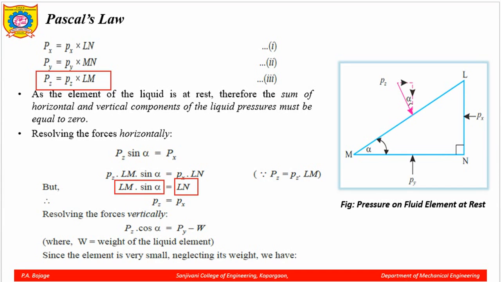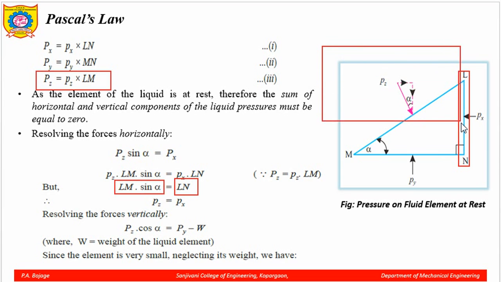So, these two elements are same. So, Ln and Lm sine of alpha, they are equal and opposite.